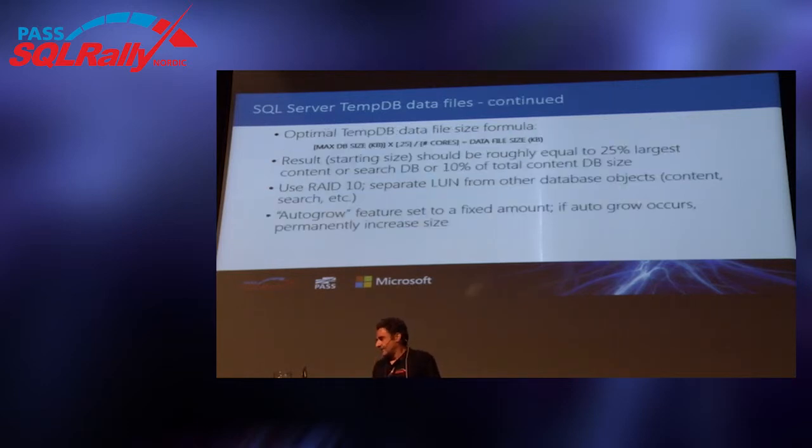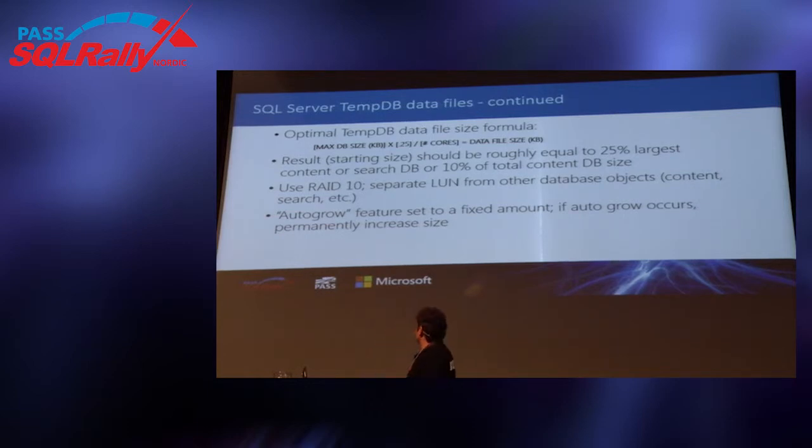So to find the optimal TempDB data file size for SharePoint, there is a formula where you take the max DB size of your content database, times 0.25, and divide by the number of cores. Then you should find the optimal data file size. When you start, it should be around 25% of your largest content or search DB. Then you should be on the safe side.